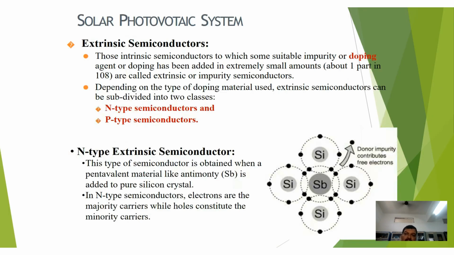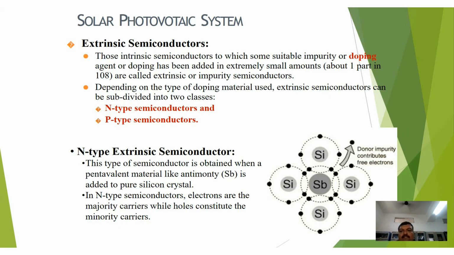The second one is the extrinsic semiconductor, which may be called an impure semiconductor. Impure means mixing. Those intrinsic semiconductors to which some suitable impurity or doping has been added in an extremely small amount are termed extrinsic or impurity semiconductors.